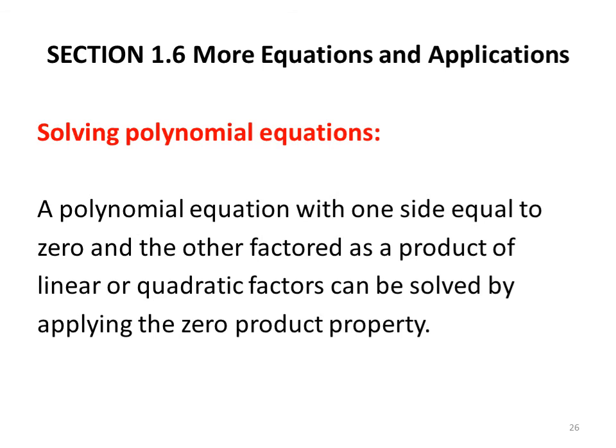What we want to do is try to factor the polynomial so that we have the product of linear factors or the product of a linear factor and quadratic factor, and then we can try to solve each factor separately using the zero product property.